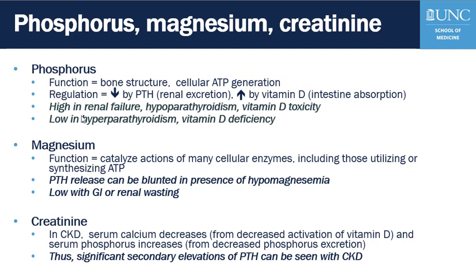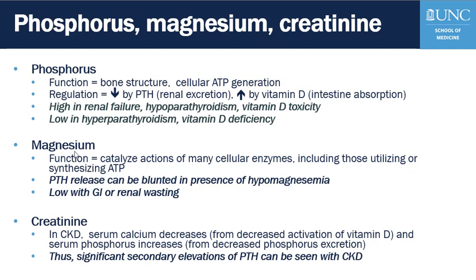Phosphorus is high in conditions of renal failure because the kidney can't excrete phosphorus, in conditions of hypoparathyroidism or underfunctioning parathyroid, and in vitamin D toxicity. Conversely, phosphorus is low in hyperparathyroidism and conditions of vitamin D deficiency.